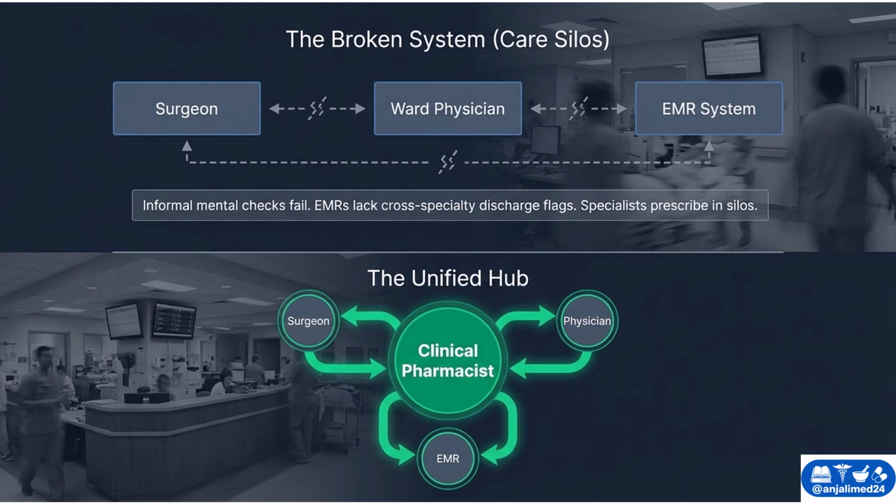So, this slide highlights a powerful modern healthcare principle. Technology alone cannot prevent medication errors. Safe prescribing requires coordinated human oversight, structured communication, and interdisciplinary collaboration. And at the center of the safety ecosystem stands the clinical pharmacist.